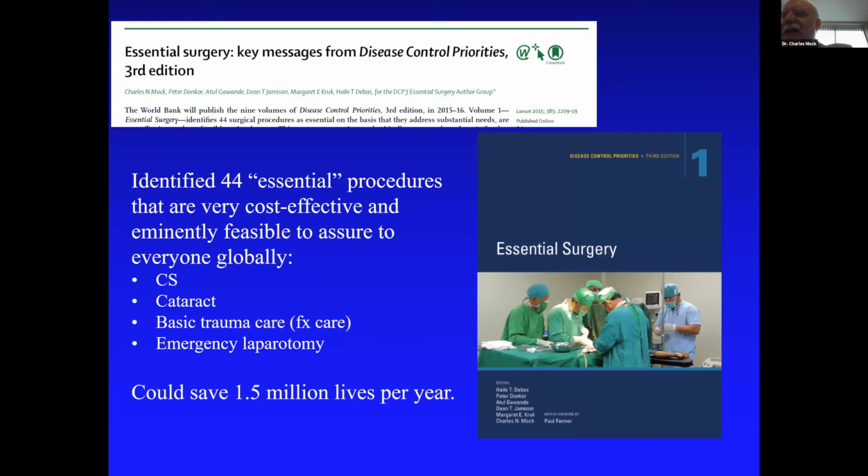Basically, the world has the resources and technology now to provide these services to every human being. Things like cesarean section for obstructed labor, cataract surgery to fix the most common cause of blindness globally, etc. And that these fairly simple procedures could save up to 1.5 million lives per year if better distributed.